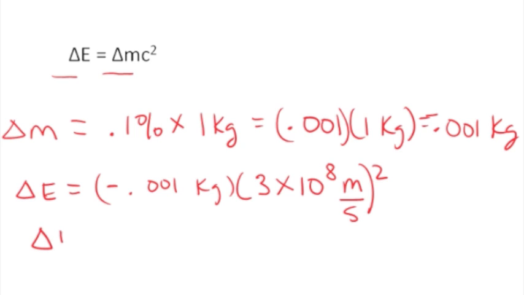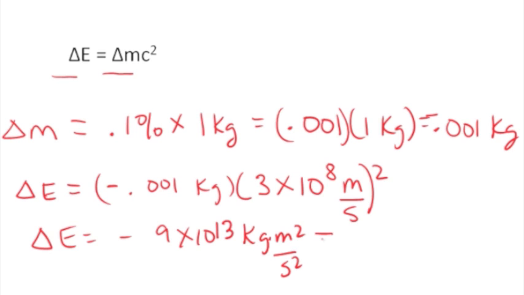And so the change in the energy here is going to be negative 9 times 10 to the 13 kilograms meters squared per second squared. That might look like a strange unit, but that's actually the same as the energy unit, the joule. So it's negative 9 times 10 to the 13 joules.